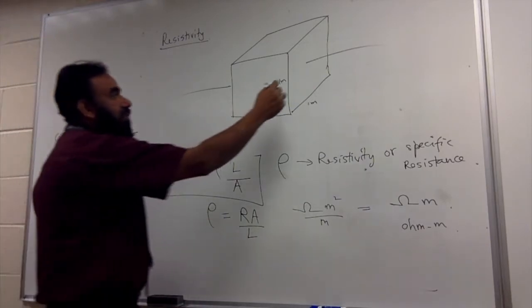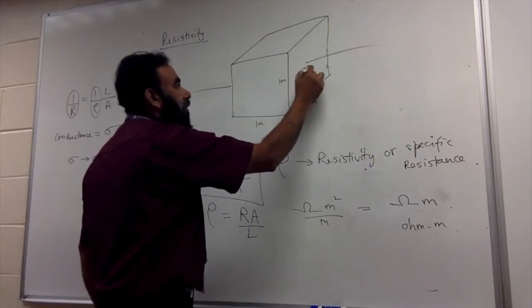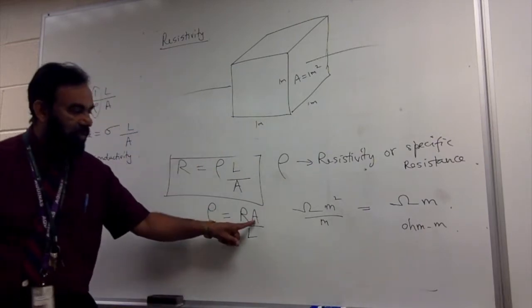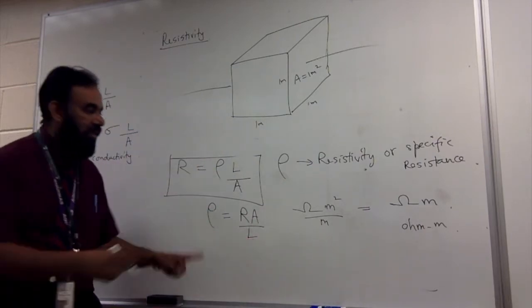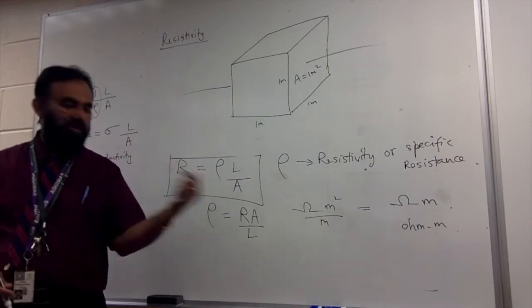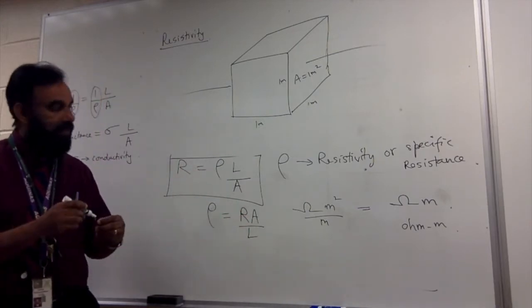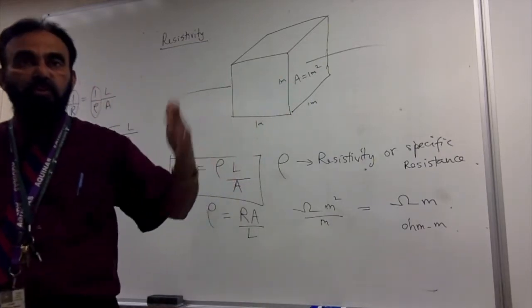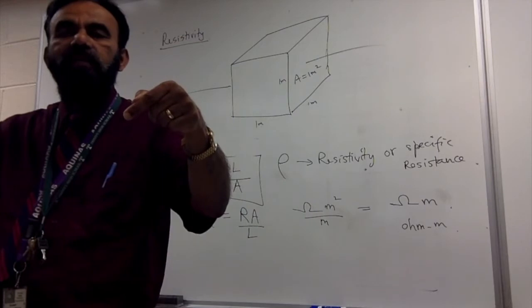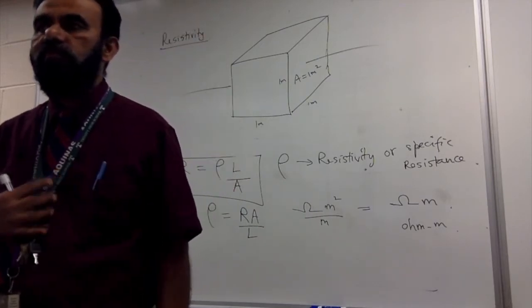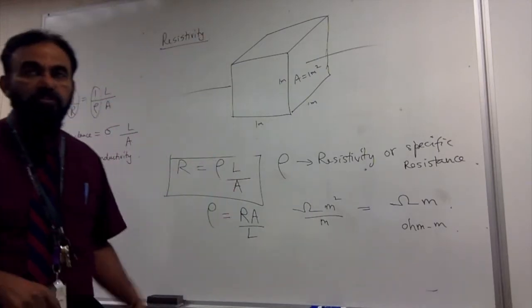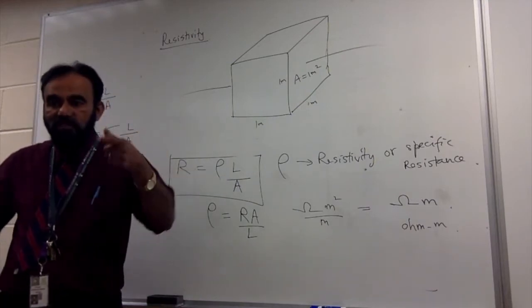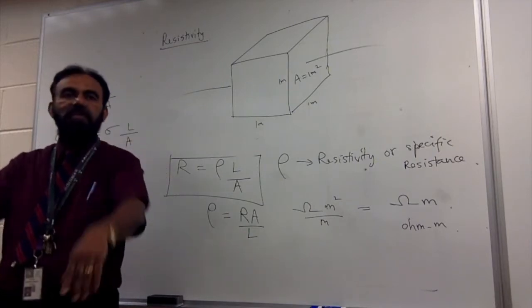Why? Because what's the area of this? And what's the length of that? So if the area is 1 meter square and length is 1 meter, the resistance is the resistivity. So if you check the resistance across the opposite faces of a cube of side 1 meter, what you're getting is the resistivity. Make sense?